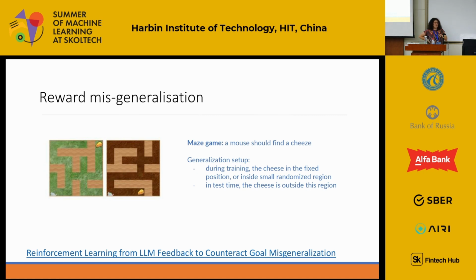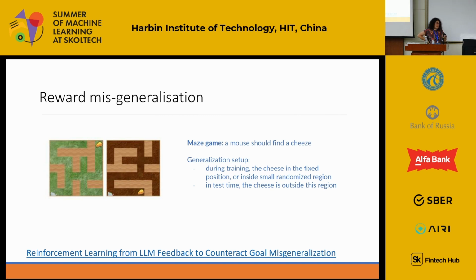The next important research is reward misgeneralization. Actually, all the things which were mentioned recently about reward hacking and changing the reward are about generalization. We need to understand how the model will generalize our reward, maybe the inductive bias of the model, because we set some proxy reward and need to understand what will happen in other cases.